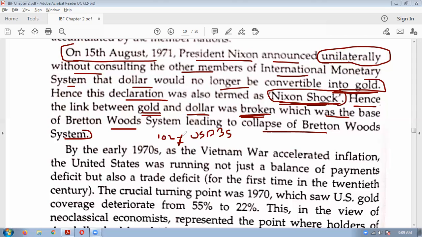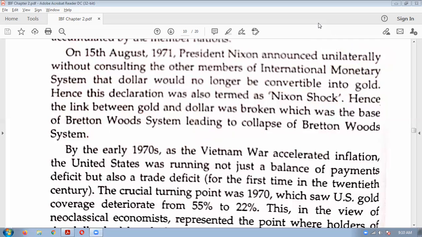The Bretton Woods system collapsed because the base of the system was convertibility between dollars and gold, and the USA found it difficult to stand by its commitment. It is also not practically possible to buy and sell unlimited quantities of gold from any country. There will be some limitations, which was rightly predicted by Professor Robert Triffin.